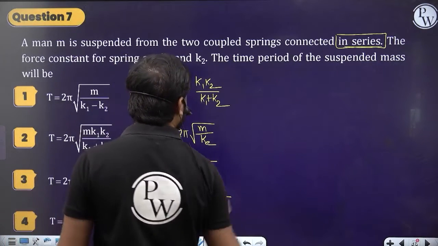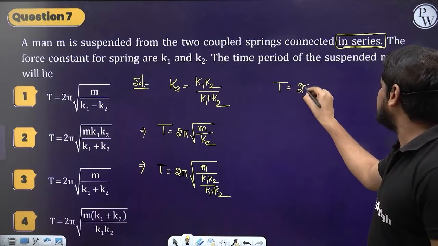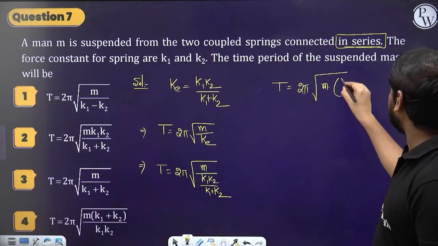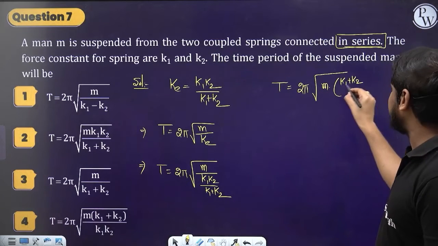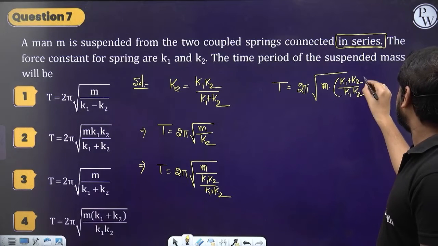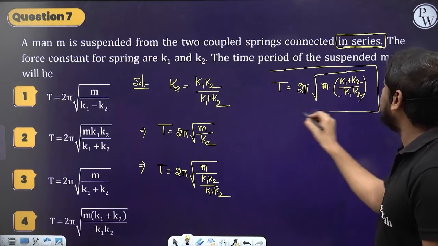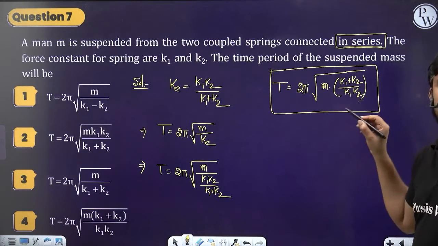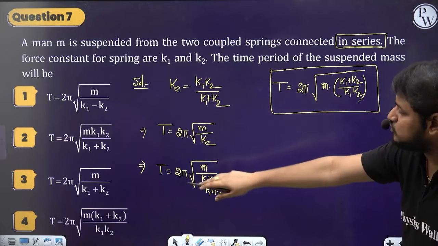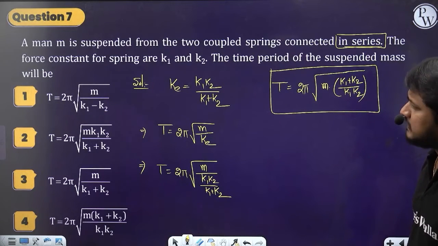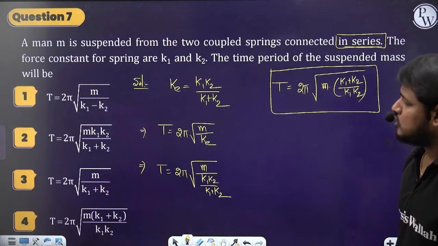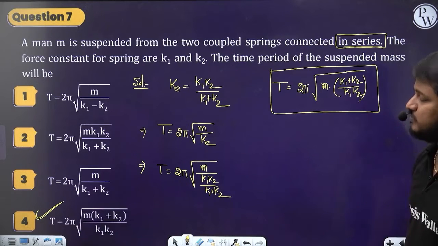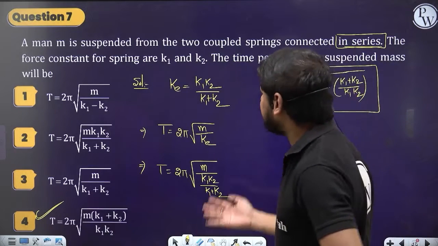Then the time period T will become 2 pi into root over M into K1 plus K2 by K1 K2. Understood? Clear this part, everyone? So check for the option. Option 4 is the correct one, right? 2 pi root over M into K1 plus K2 by K1 K2. That's it, direct formula based questions.